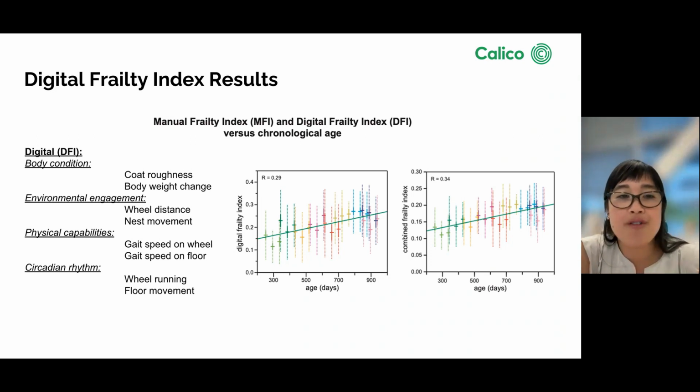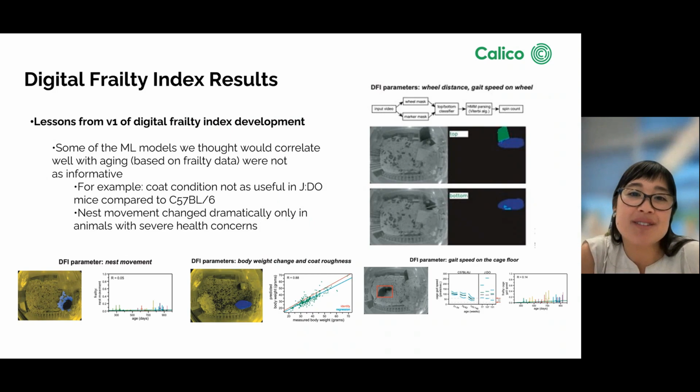So, for a first pass of all of the new metrics that we developed, it was not as strongly correlated as we would have wished, but it was still better than the noisy manual frailty index. Go ahead, Matt.